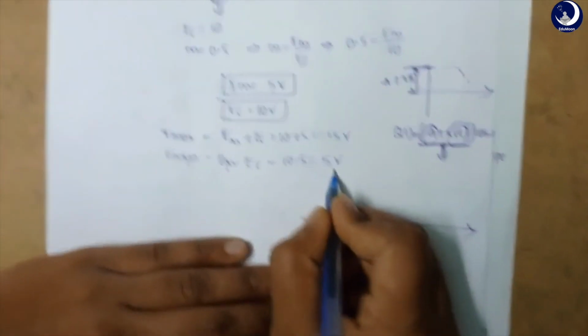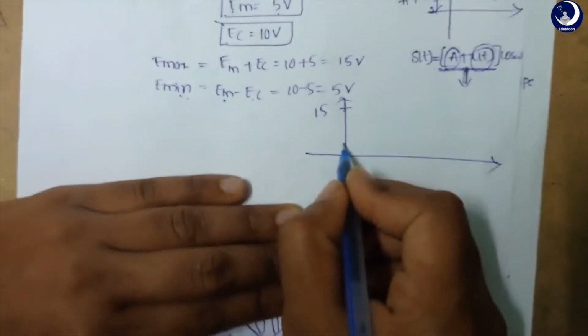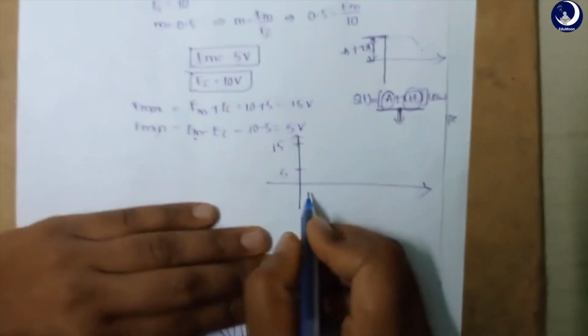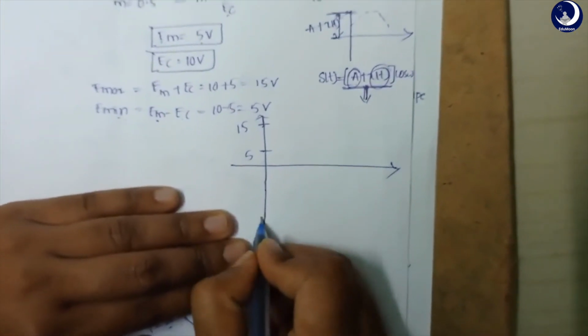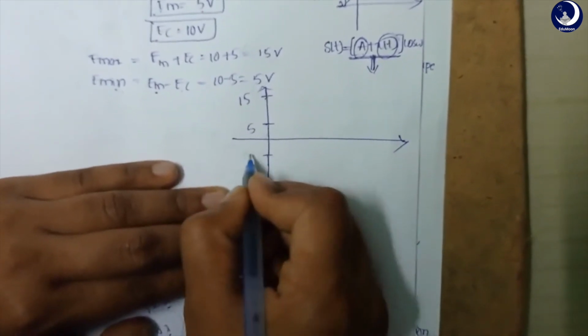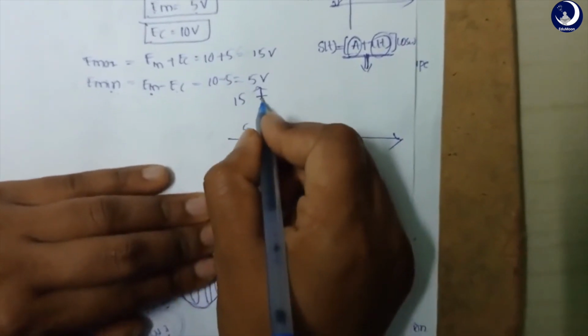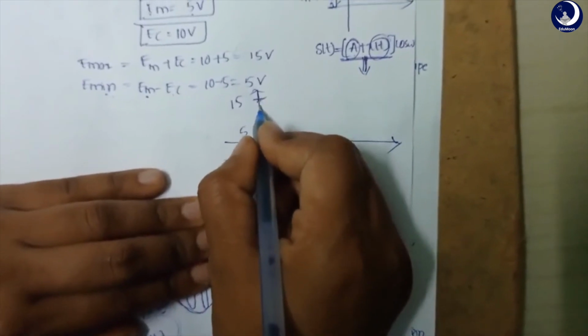For example, let's consider this as 15 and this as 5. Then we will get something like this.